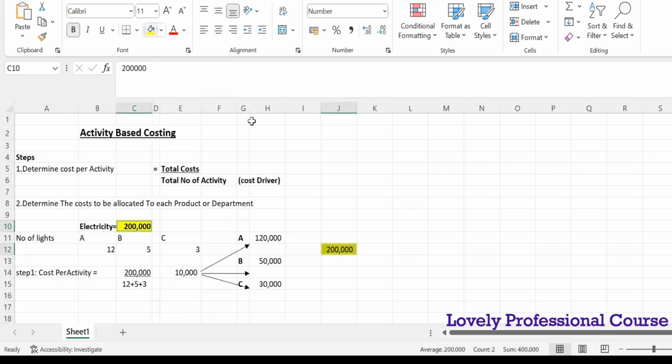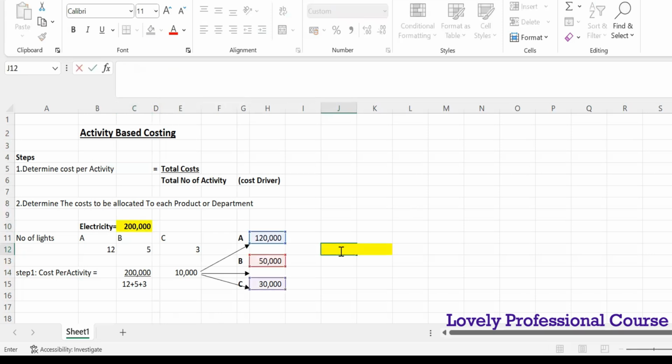If you're able to see this, these are the same. So therefore, my answer is correct. So I do it that way. I apportion first the overhead they give me, then the second overhead, the third overhead, whatever overheads I will be having, I will also allocate them using this way.